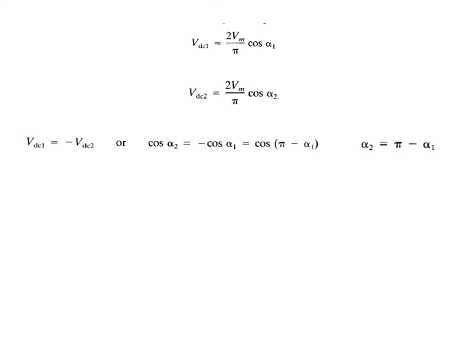Therefore, alpha 2 will be equal to pi minus alpha 1, since the average voltages for converter 1 and converter 2 will be the same.